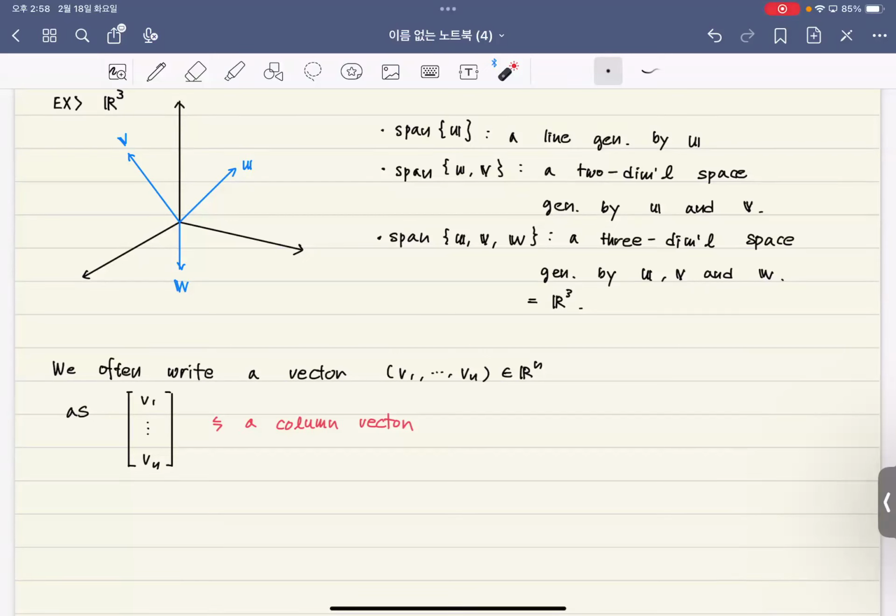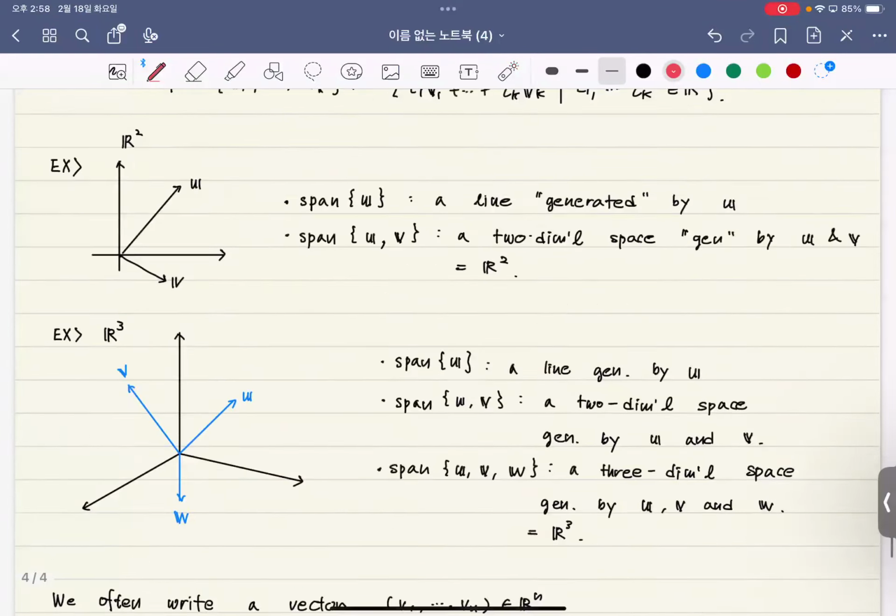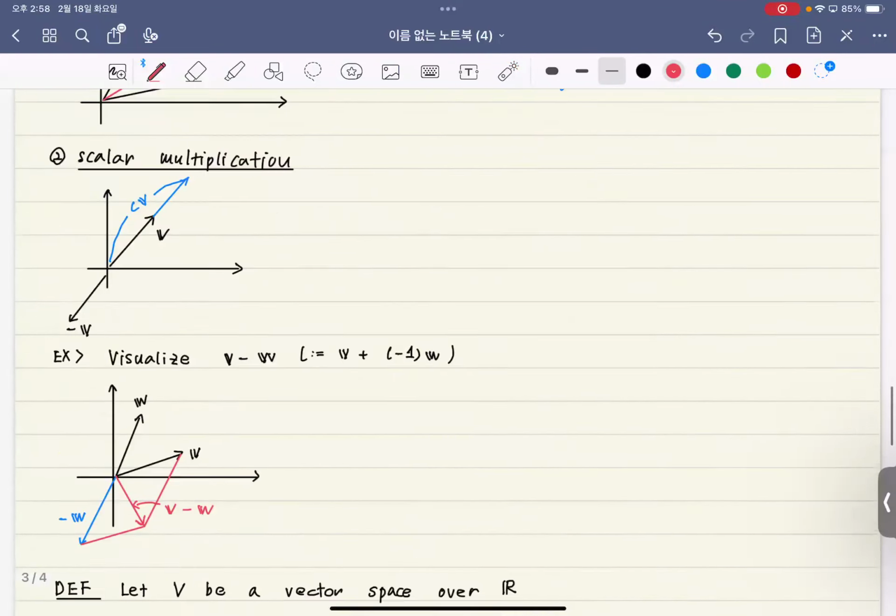If you understand the column vector, which is not a big deal, then you can understand the column picture of the given system of linear equations. Let me go back to my original example. This one. What was the solution?